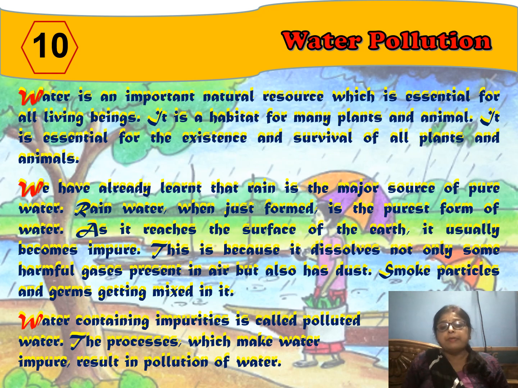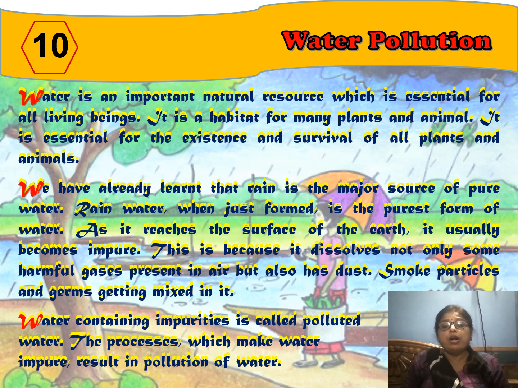And water is a habitat. Habitat means living place for many plants and animals. Many plants and animals live in water. It is essential for the survival of all plants and animals. We can't imagine our life without water.